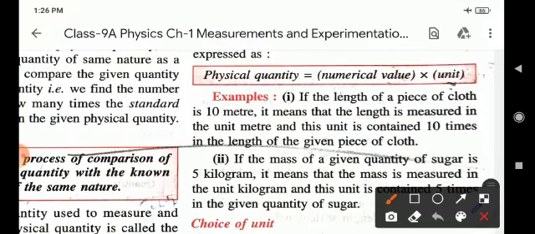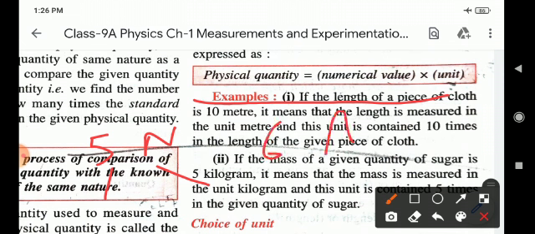It is a very important point. For example, 5 Newton: 5 is the numerical value and N is the unit. Now consider 6 ampere: 6 is the numerical value and A is the unit.